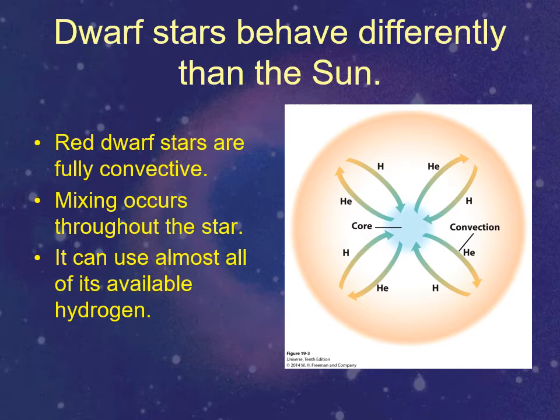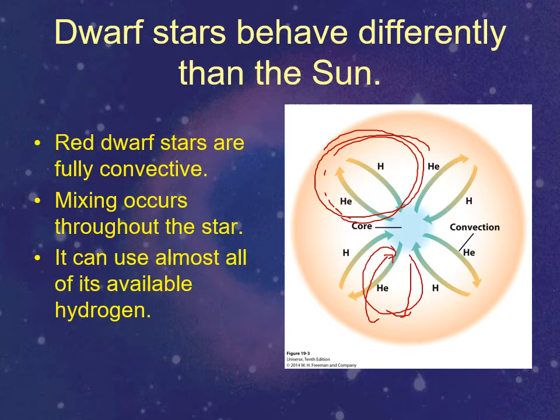But these little bitty red dwarfs, they don't have a radiative region. Instead, the entire star is convective. And because you've got convection all the way through the star, hot gases go up, cool gases go down. You're mixing the entire star.